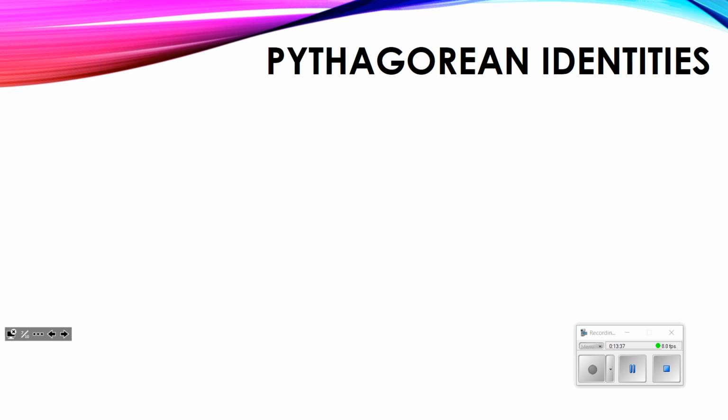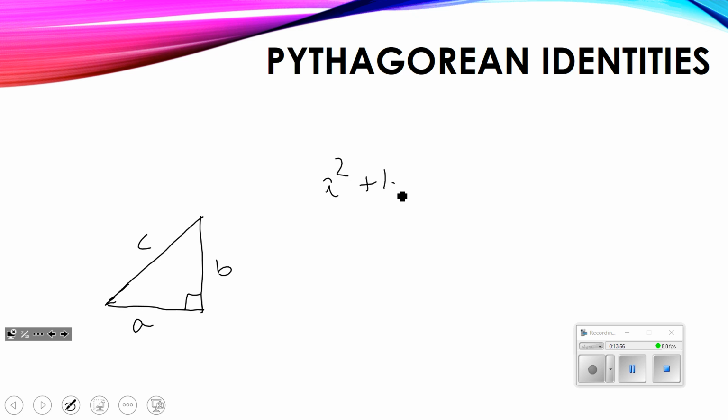So Pythagorean deals with what specifically? Right triangles. What does the Pythagorean theorem say? That's what you got in geometry, right? A squared plus B squared, if you take the two legs and add them together, you get C squared, correct?